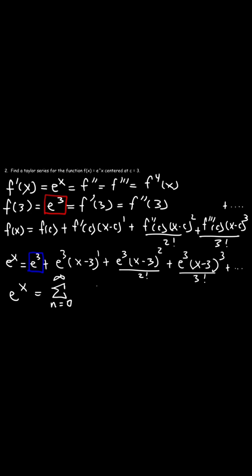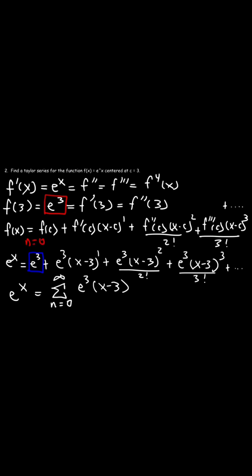So that's pretty much constant. Now the only parts that change are the exponents and the factorials. Therefore, we need to represent those numbers with something that contains the letter n. The only other part that doesn't change is x minus 3 for every term.